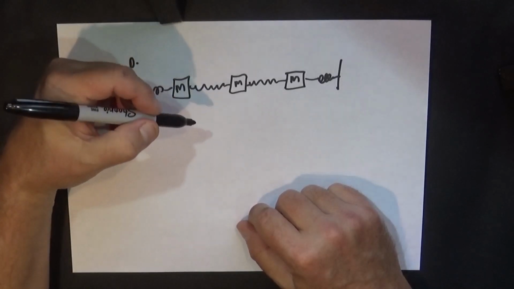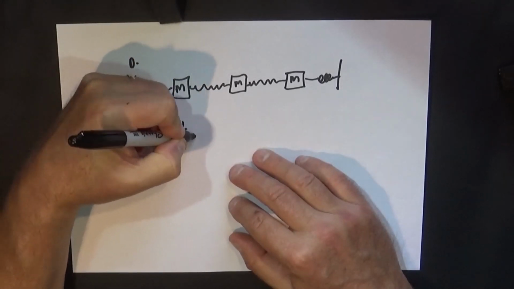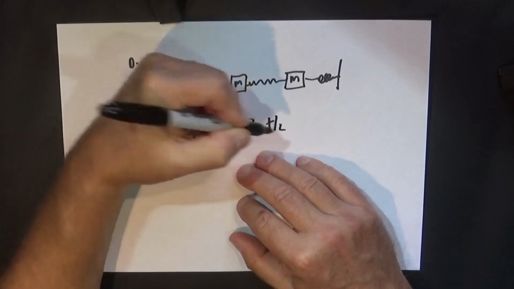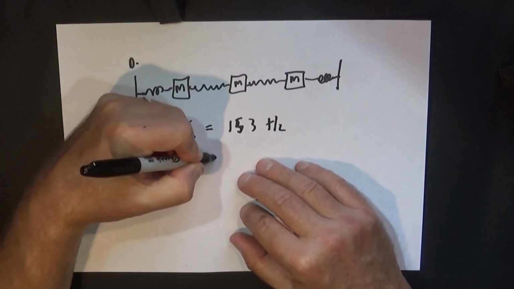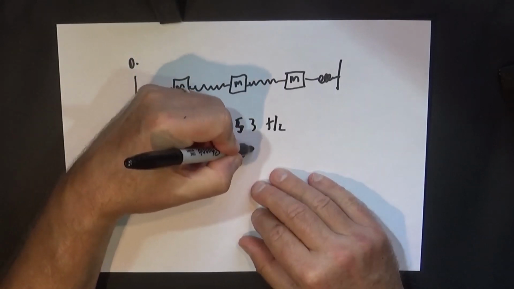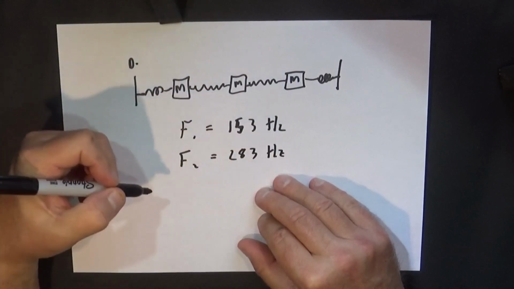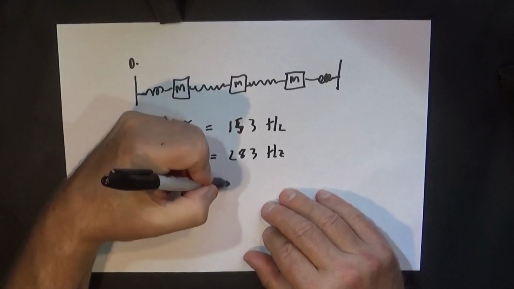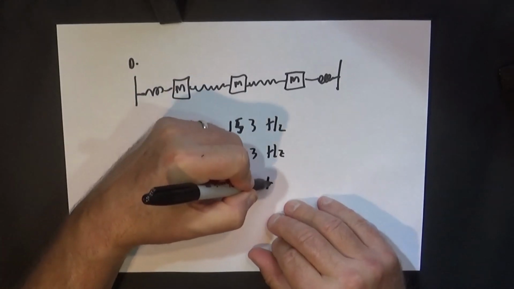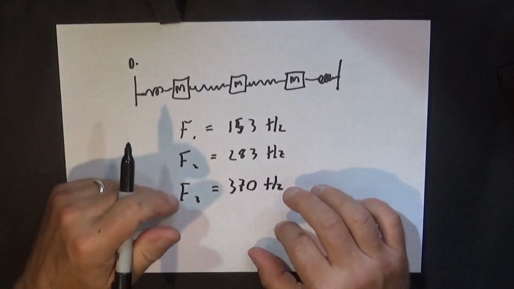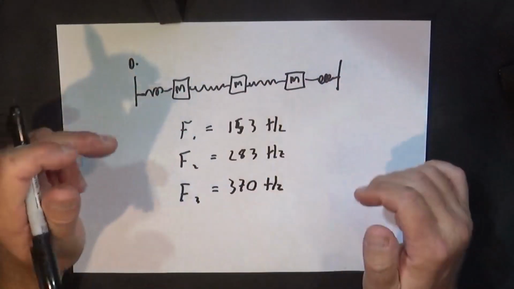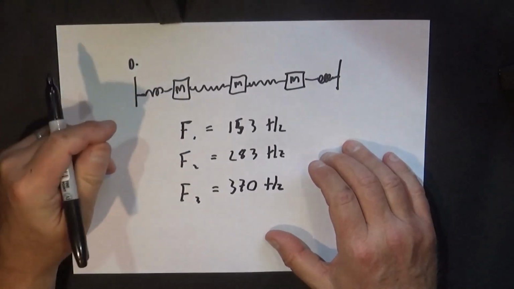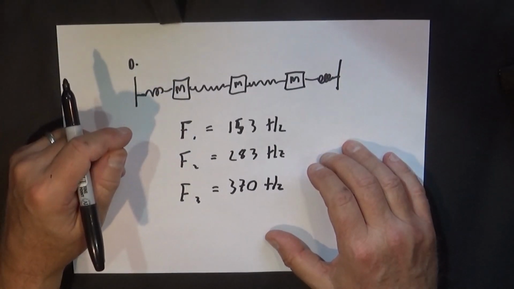And looking over there, these are F1 equals 153 Hertz, F2 equals 283 Hertz, and F3 equals 370 Hertz. You always get as many resonances as you have masses, degrees of freedom they call it in the mathematical terminology.